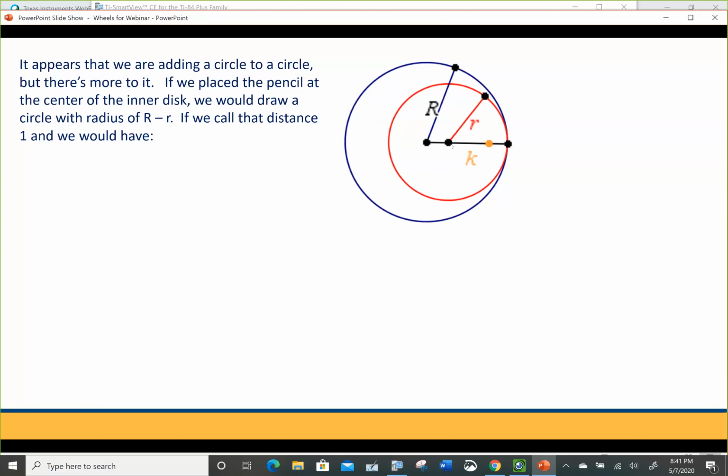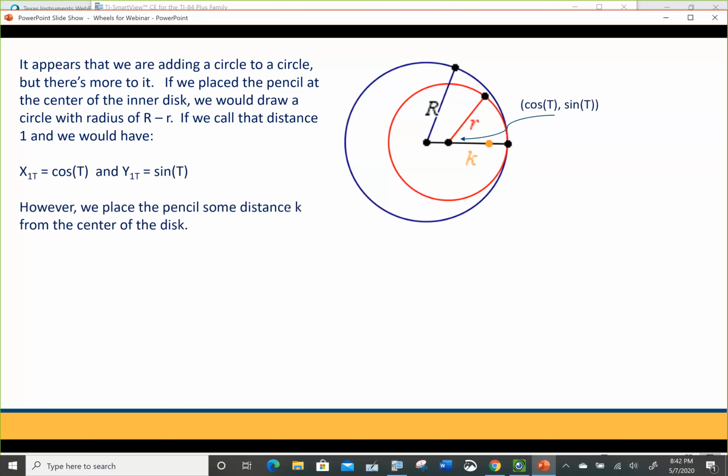I'm going to call that distance 1, because then this point would be traveling in a unit circle. Those ordered pairs would be cosine t, sine t. And by the way, none of these little gears were at the center. I tried. However, we always place the pencil some distance k from the center of the disc. And that's what gives us the neat design.